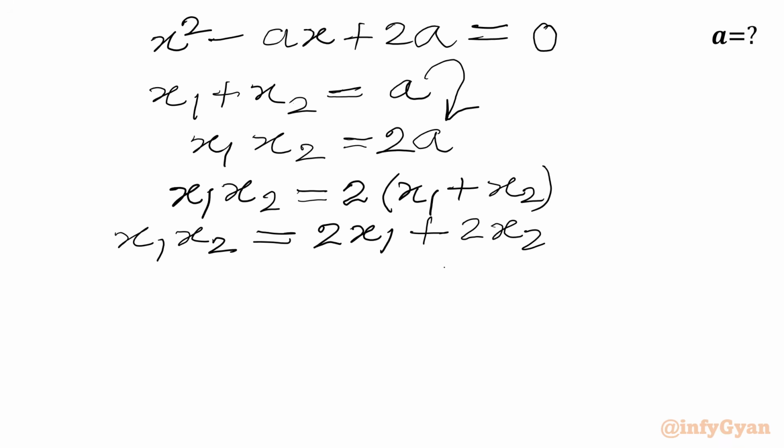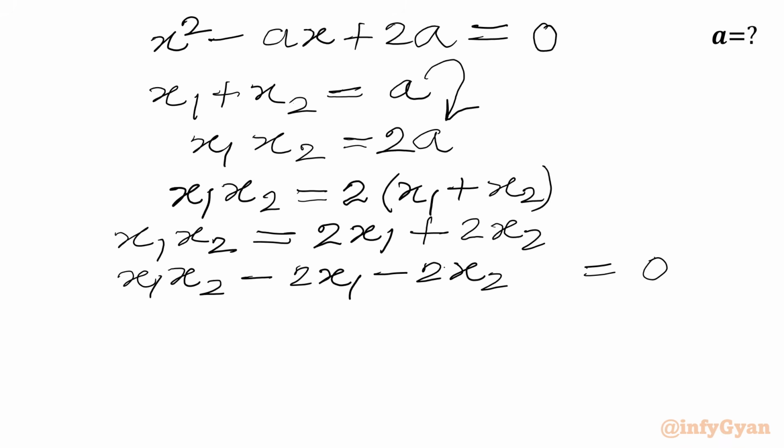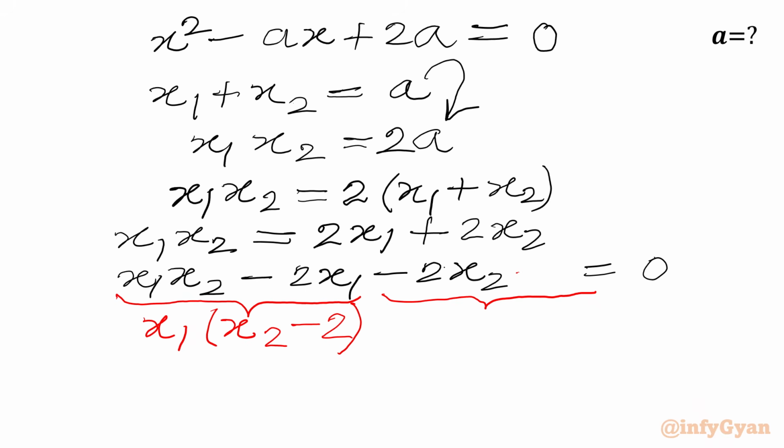Now we will take all the terms to left hand side. So x1 x2 minus 2x1 minus 2x2 equal to 0. Now we will use Simon's favorite factoring trick. If I will take x1 common from these two terms, we will get x2 minus 2 in the bracket. To get the same bracket over here, we need to add 4 to both sides.